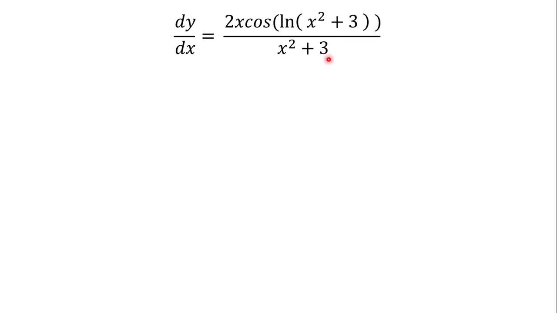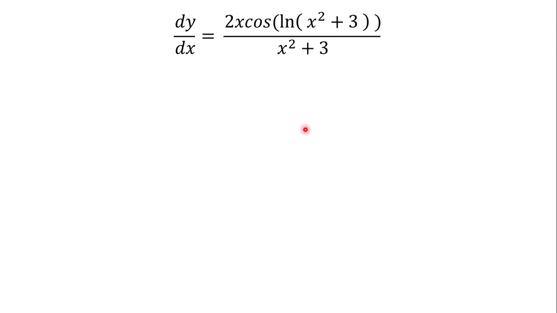Okay, so the answer to the derivative question is just 2x times cos of natural log of x squared plus 3 divided by, or all over, x squared plus 3. Okay, so that is the answer to the derivative question. You see, the substitution that we made made the problem very simple for us to solve.